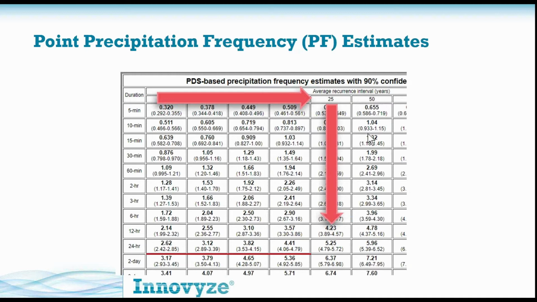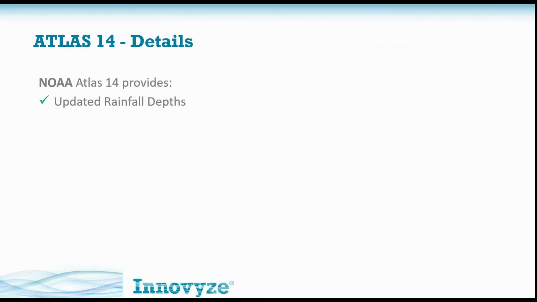And we'll look at the 25-year, 24-hour storm, which in this case looks at the 5 1/4 inch rainfall. And that's our depth. That's what we're looking at, and we're looking at that as a multiplier for these unit temporals, and that helps us begin that process. So, very high level.